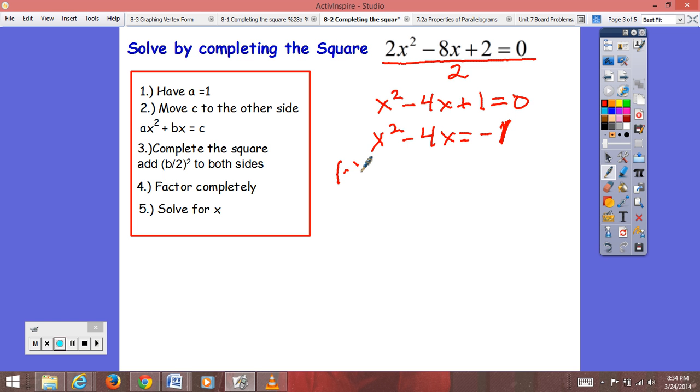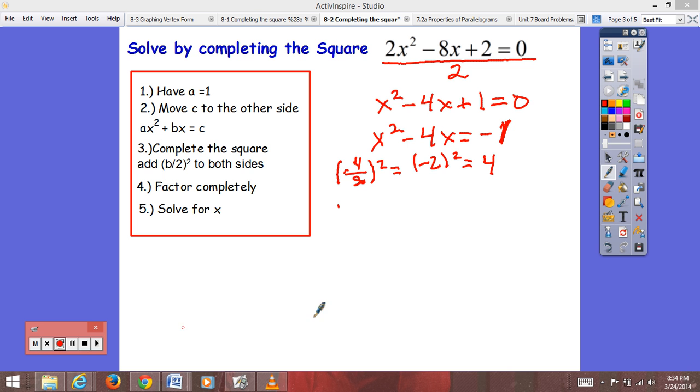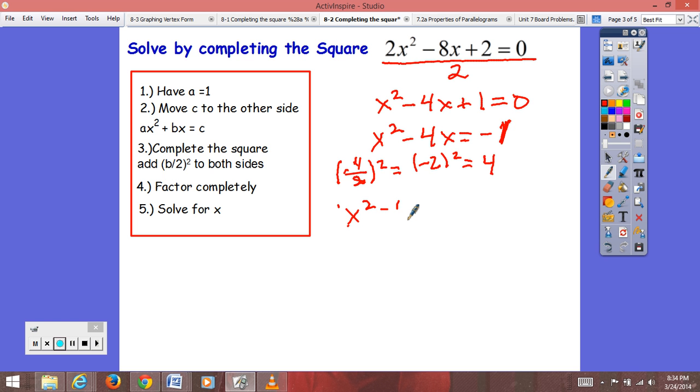It gives us negative 4 over 2 squared. Negative 4 divided by 2 is negative 2, squared gives us positive 4. Add that to both sides, and we are left with x squared minus 4x plus 4 equals 4 plus negative 1, which gives us a positive 3.